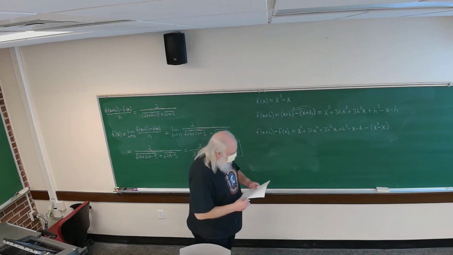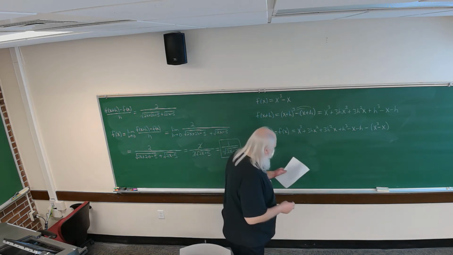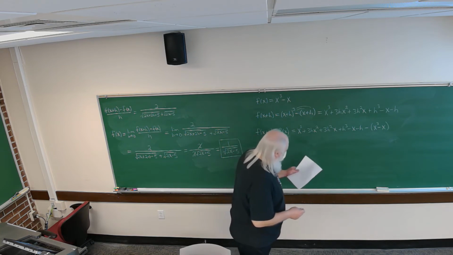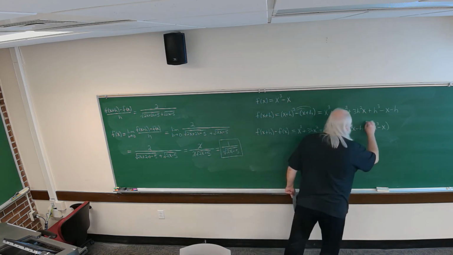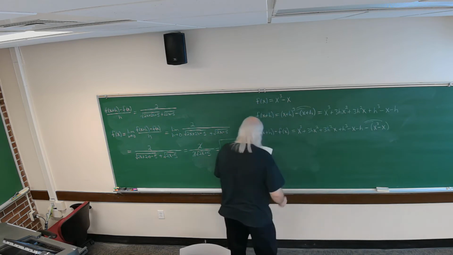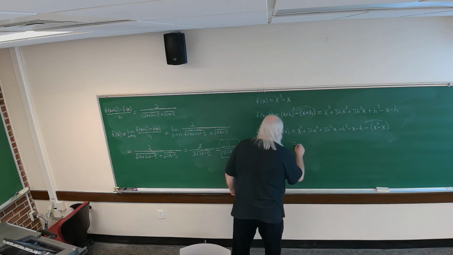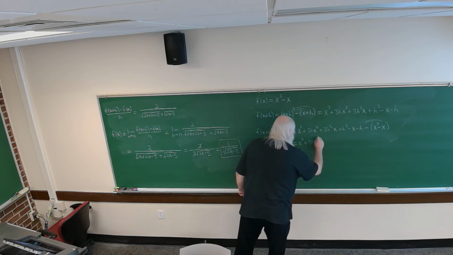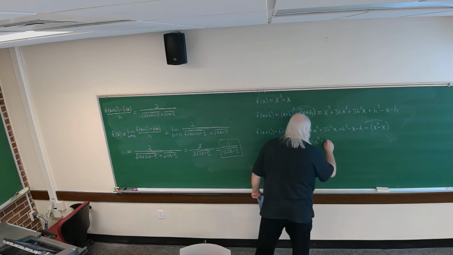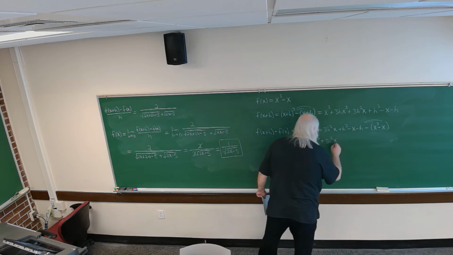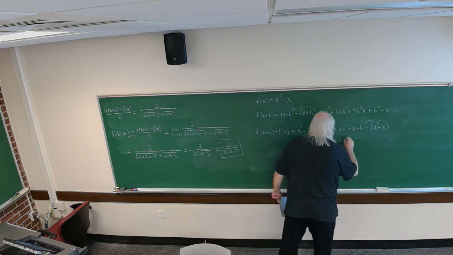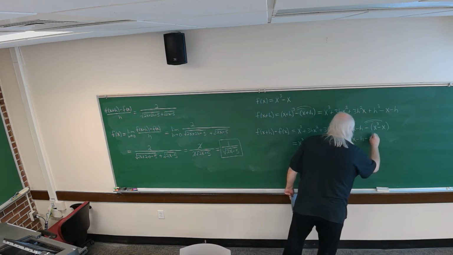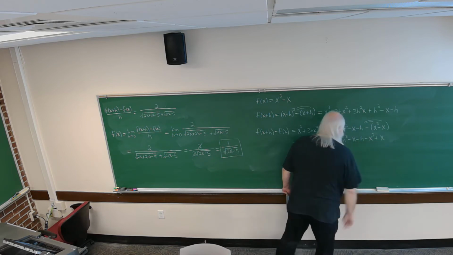And now, distribute the minus sign. We get x cubed plus 3h x squared plus 3h squared x plus h cubed minus x minus h minus x cubed plus h.